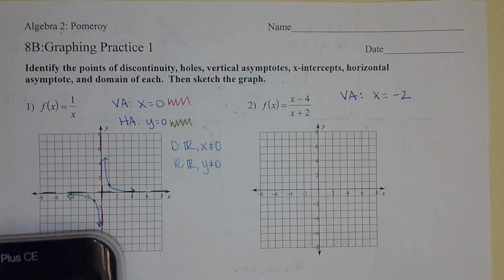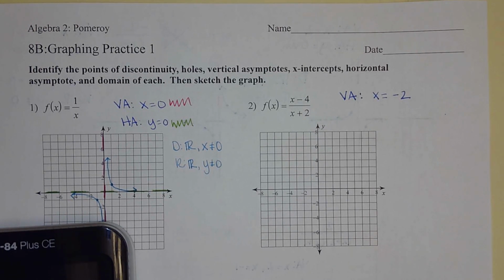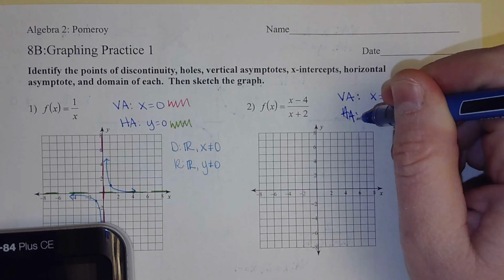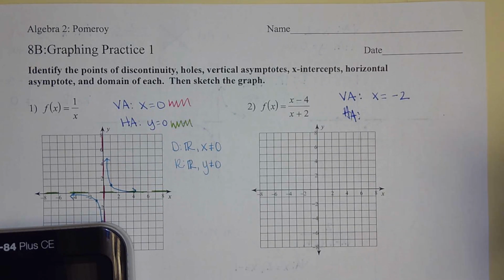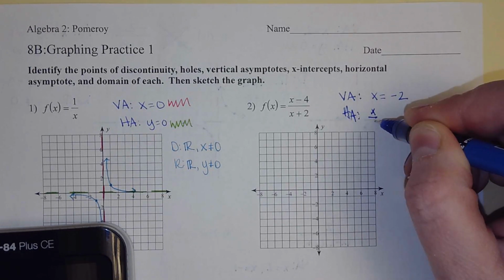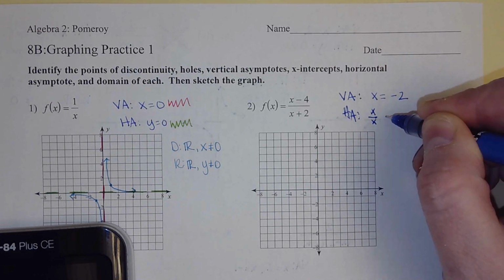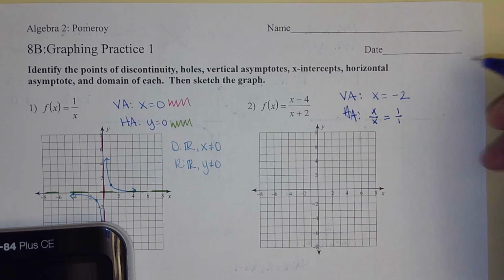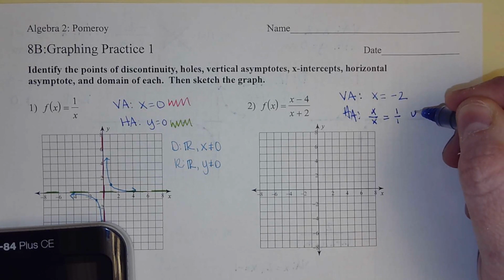So the horizontal asymptote is going to be found by taking the highest degree of x divided by x, which would equal 1 over 1, which gives me the asymptote of y equals 1.